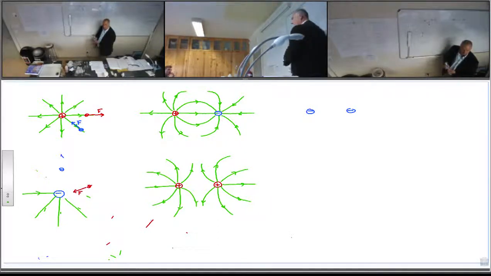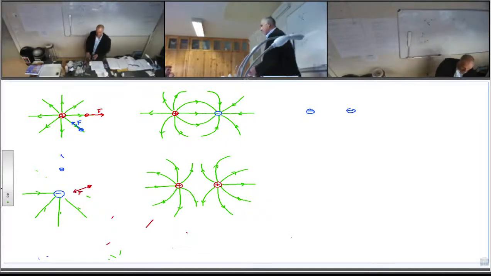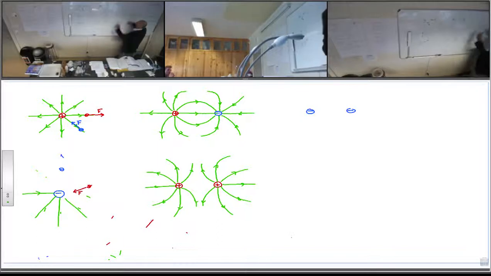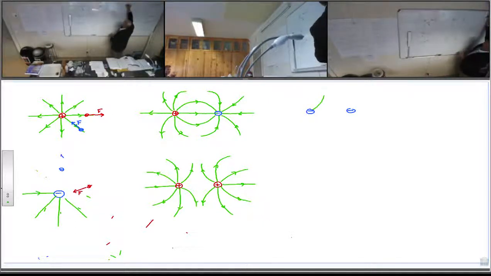Right, and if I were to do 2 negatives, what would that look like? Exactly the same. These two that would be going inwards would cancel each other out. Okay, everything else would look exactly the same as the other one.